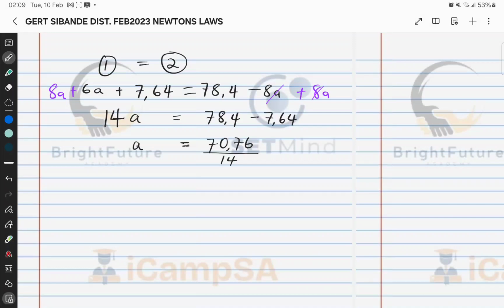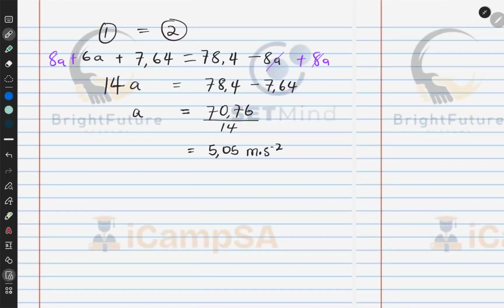I get 5.05 meters per second squared. It's the same thing, but whichever one you prefer. So you get this as your final answer.